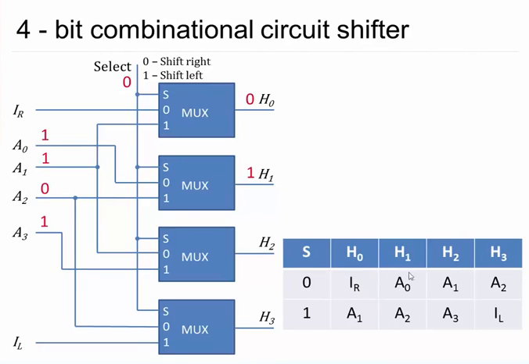Now H2 is A1, so A1 would be at this position, and H3 is A2, so this 0 would be transferred over here. And A3 is to be discarded, so 1 is discarded. So basically we have performed logical shift right on 1 1 0 1. So 1 1 0, and the most significant bit would be 0. So this is how the circuit works.